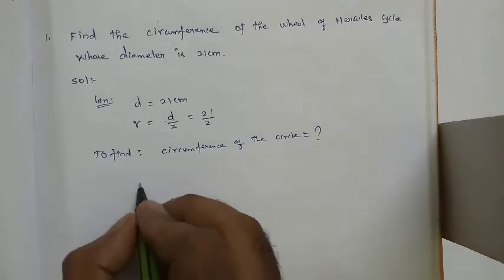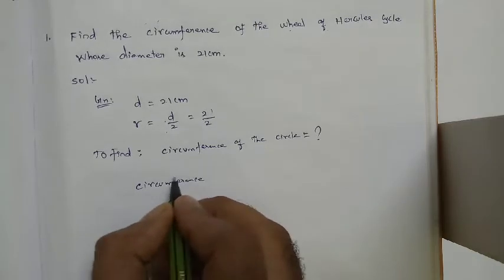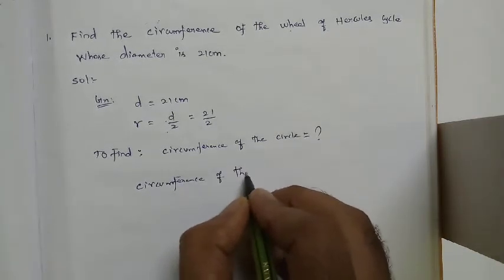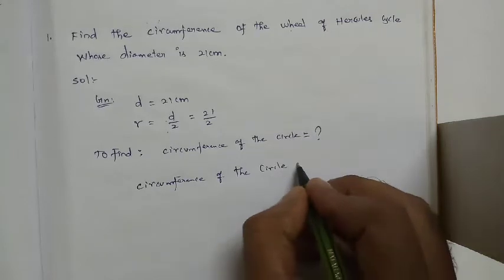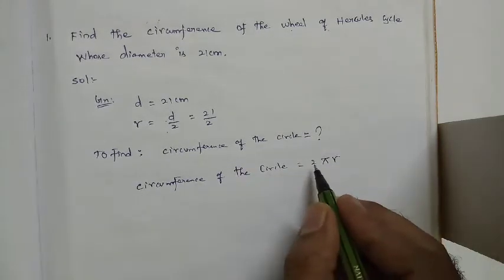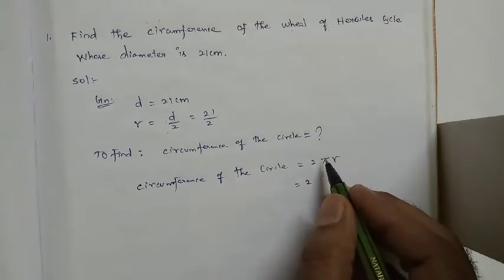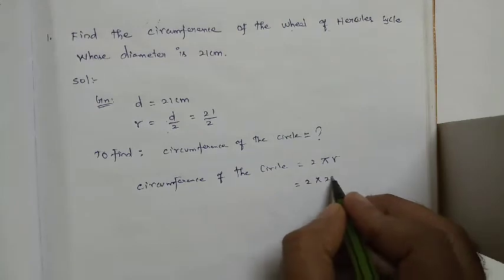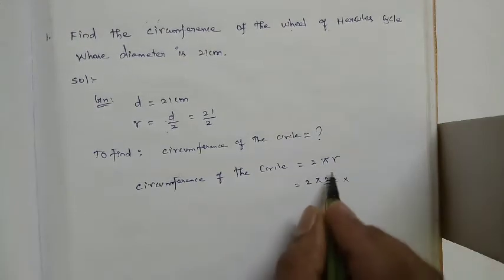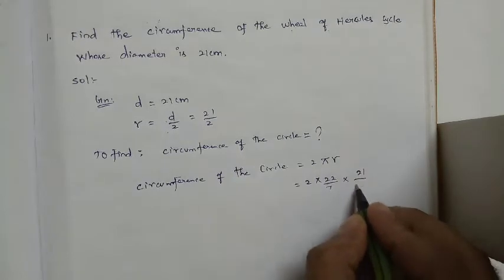We know that the circumference of the circle is equal to 2 pi r. So 2 into, what is the value of pi? 22 by 7. So 2 into 22 by 7 into, what is the value of r? R is 21 by 2.